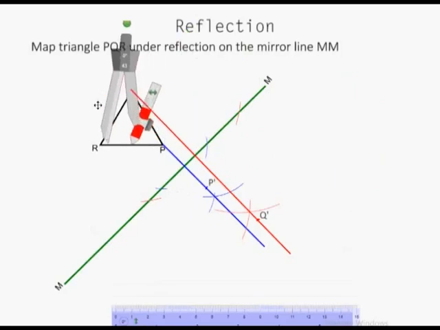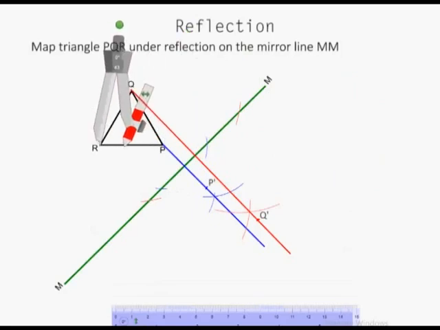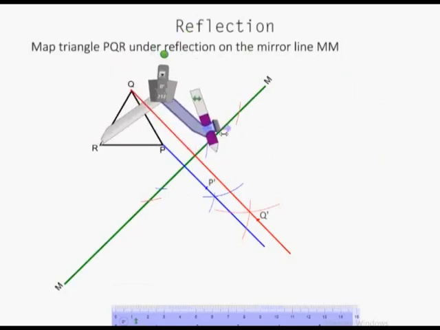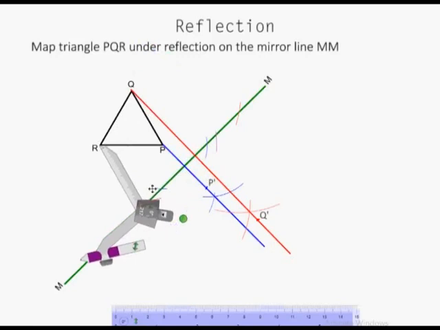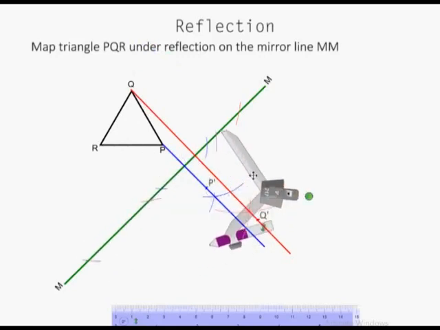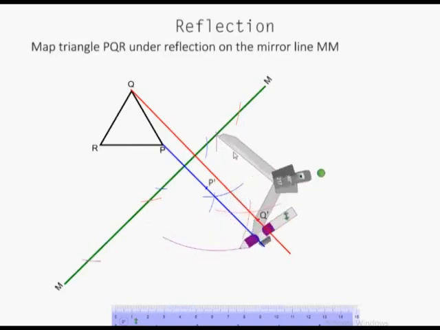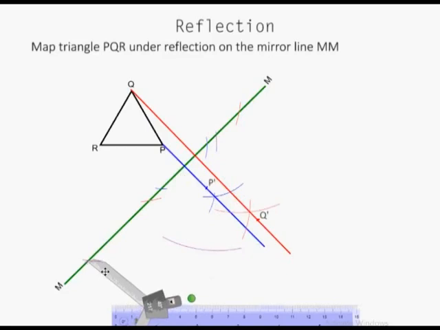Lastly, we have R. Mark an arc, then come here and mark another arc. Come down here and make an arc.